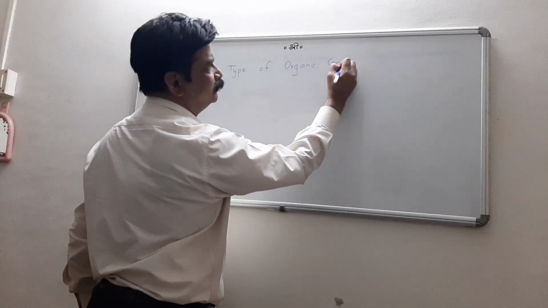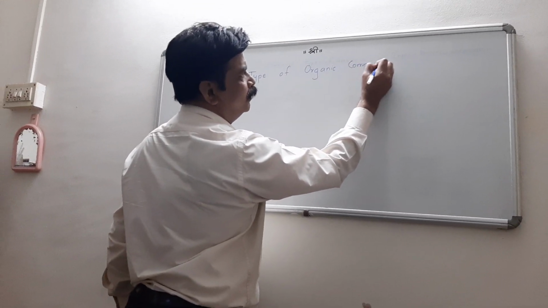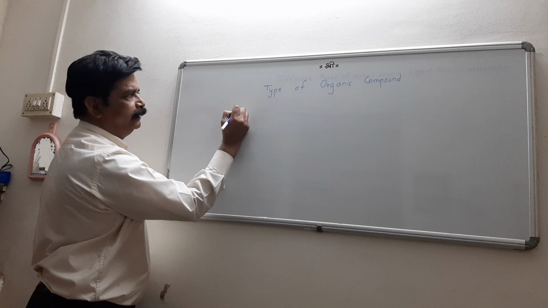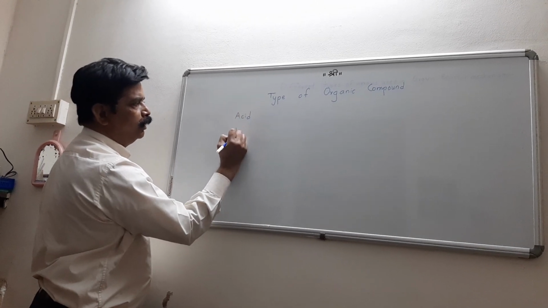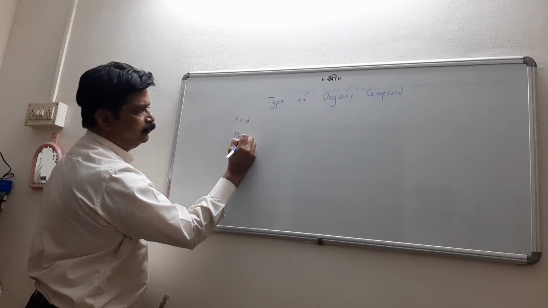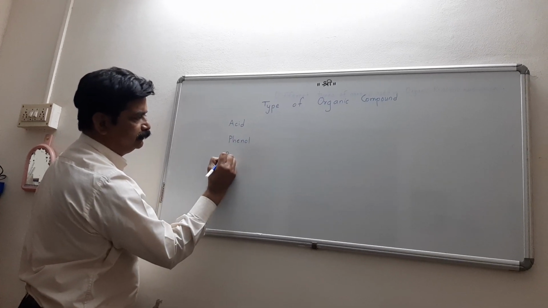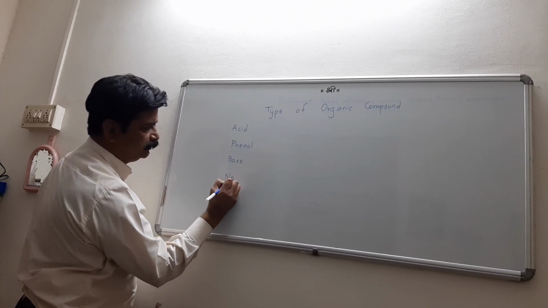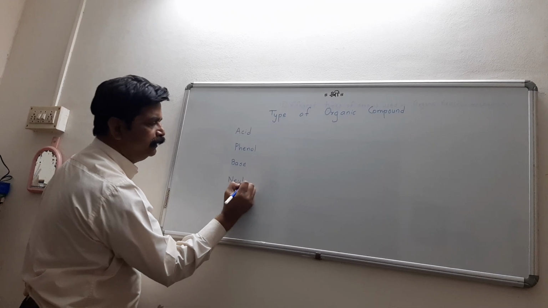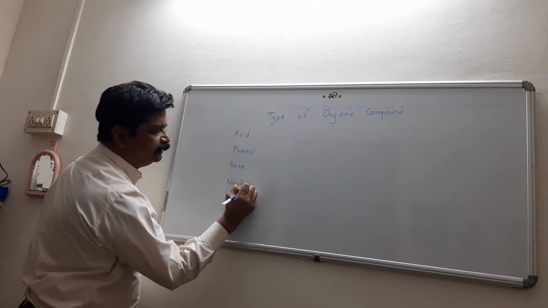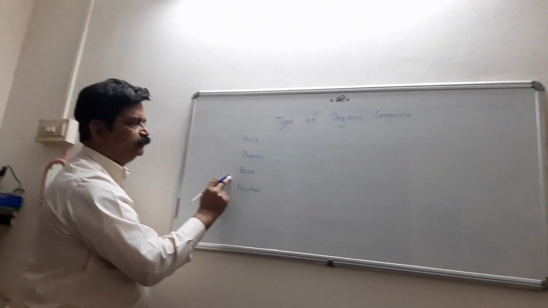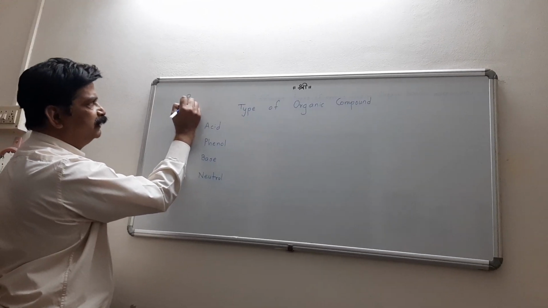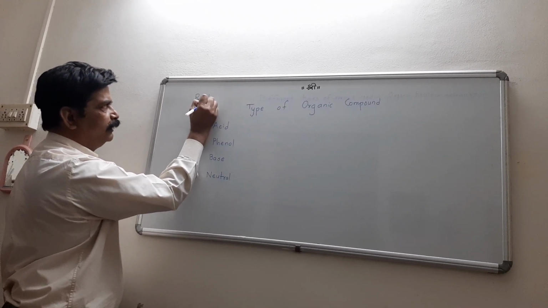There are four types of organic compounds: acid, phenol, base, and neutral. So what is the theory behind separation of these compounds and to find the type of these compounds? This comes under practicals of organic chemistry.